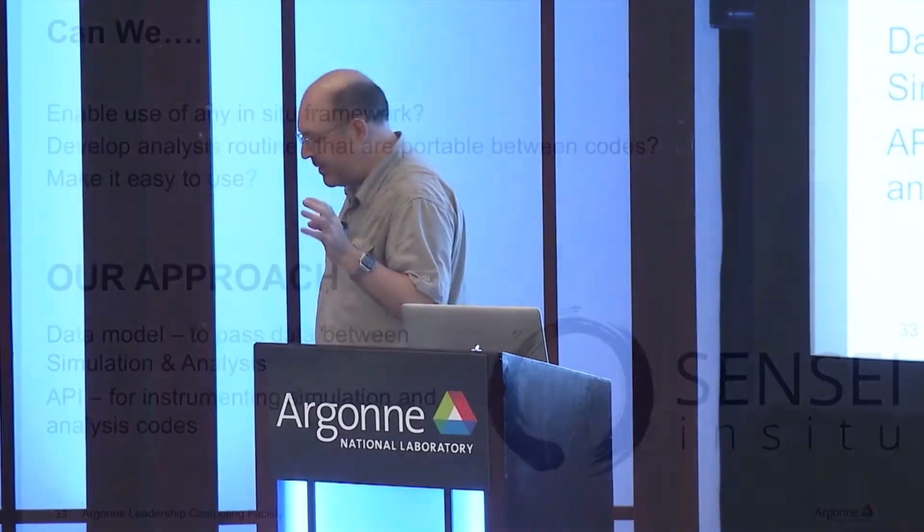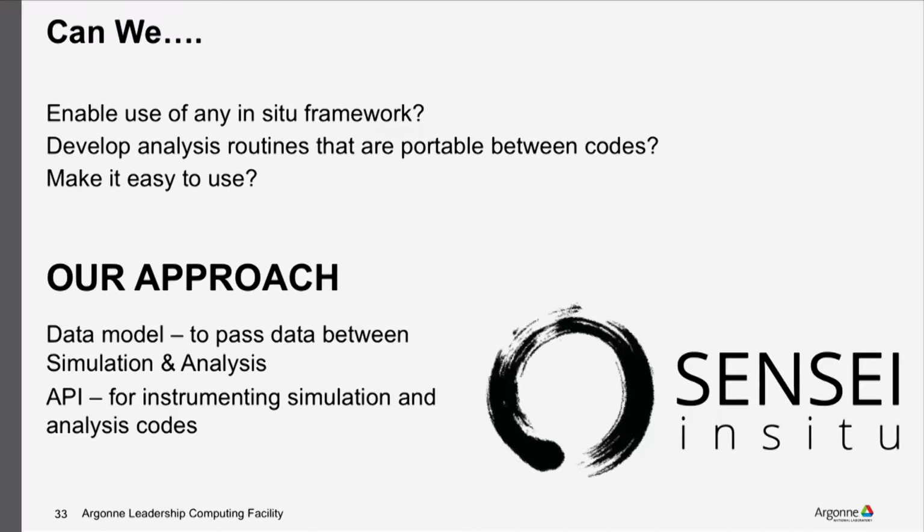So the proposal is to leverage these existing platforms. Our project, so we're part of a project funded by DOE called SENSEI, and that's essentially what we're trying to do. We want to define an interface, and we want to use these existing infrastructures that are really good, actually.